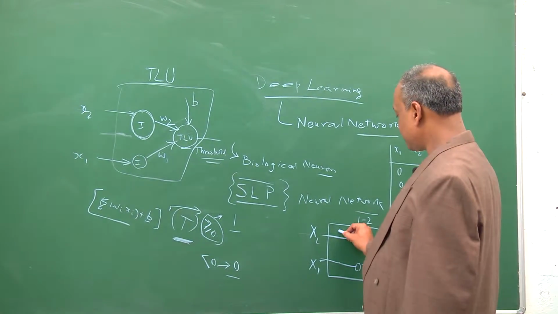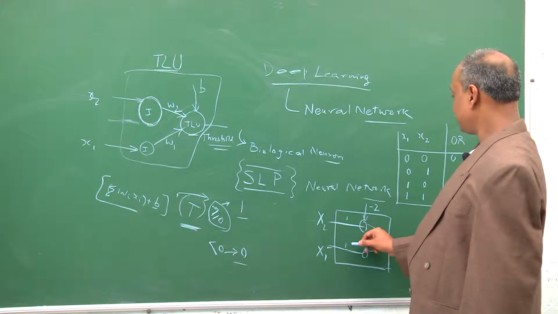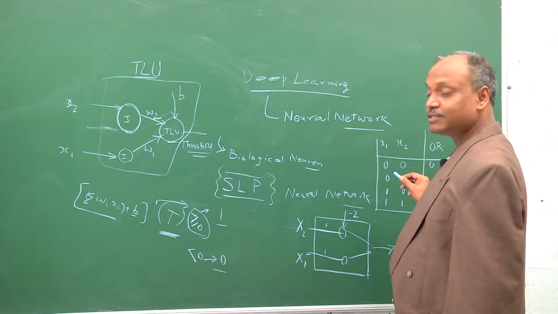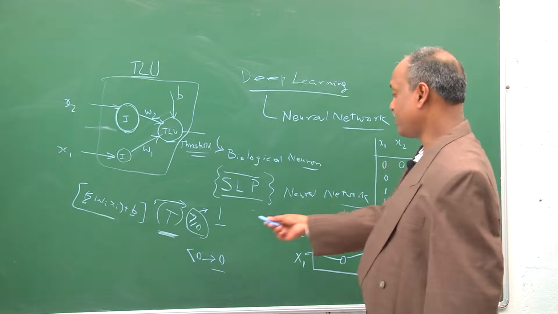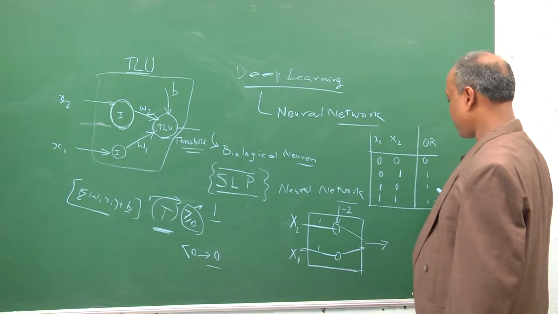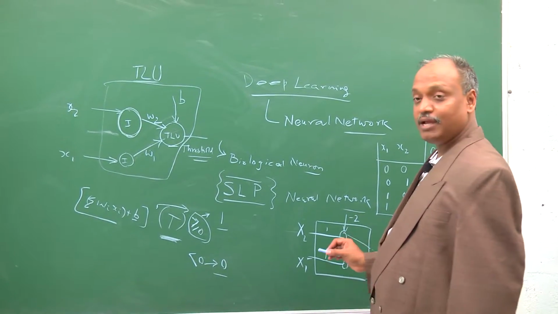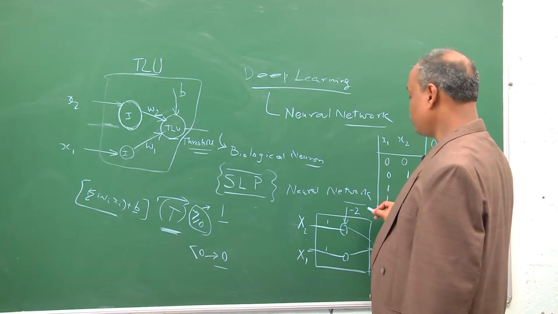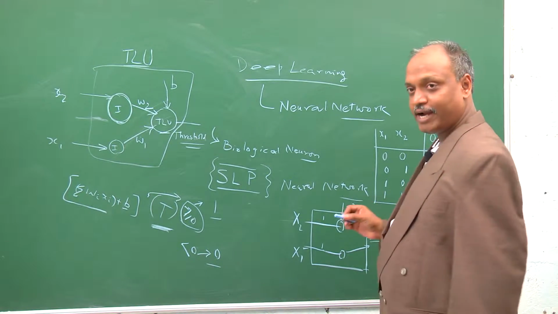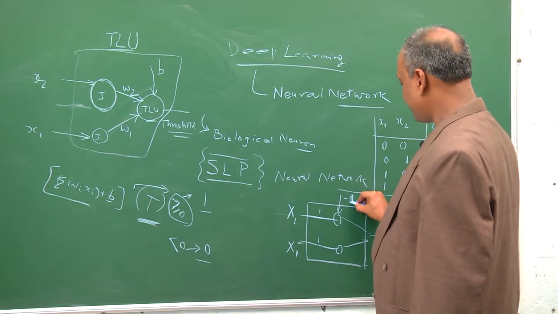And w1, w2, let's assume are both 1. So 1 plus 1 minus 2 is 0, which is greater than or equal to 0. It will give you 1. But what about 1 plus 0? 1 plus 0 will be 1, minus 2 will be minus 1. But we want it to be giving 1, right? So what we want to do is, let's say we create it as minus 1.